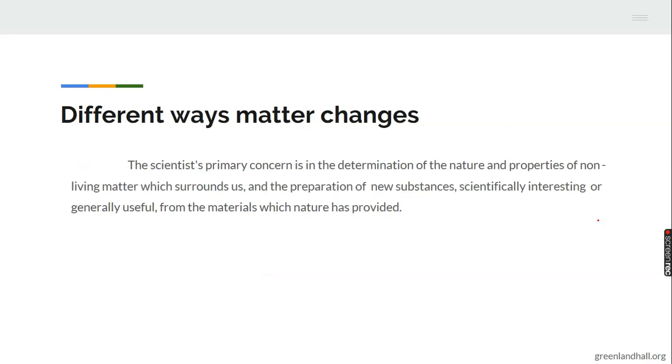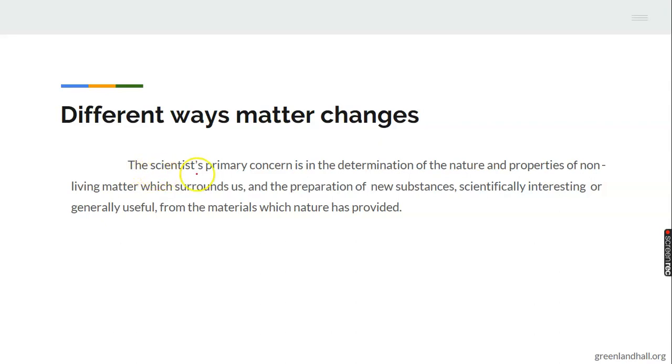Different ways matter changes. According to scientists, those are people that study science, when you talk about biology, physics, chemistry, and what have you, they are the ones that bring about theories and ways. They use a scenario to perform an experiment, and with the result they are able to ascertain the exact thing that is going on.